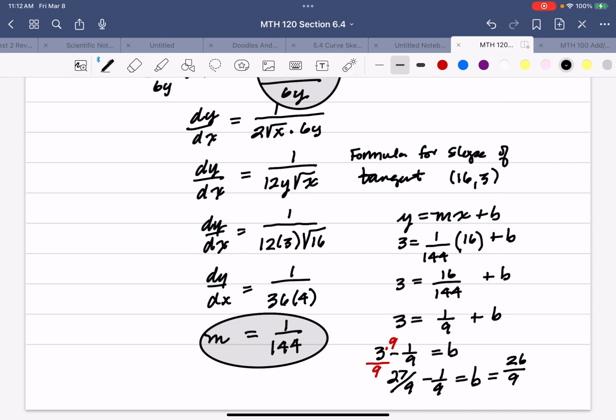The b of the tangent is 26 over 9, which makes the equation of my tangent line to that curve at the point (16, 3) y equals 1 over 144 x plus 26 ninths.